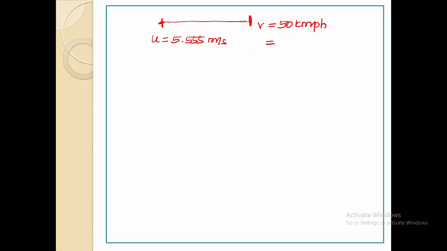Converting this into meter per second, 50 into 10 power 3 meter divided by 3600 seconds, this will be 13.89 meter per second. This distance is traveled within the time period of 8 seconds. For this data, we are asked to find the acceleration value and the further distance moved.